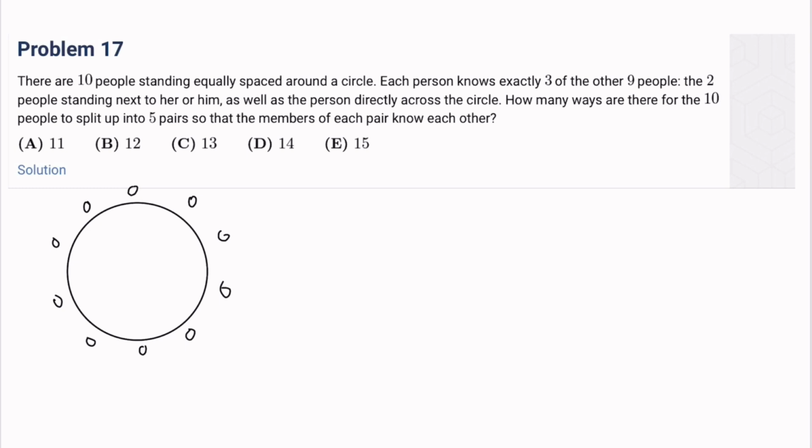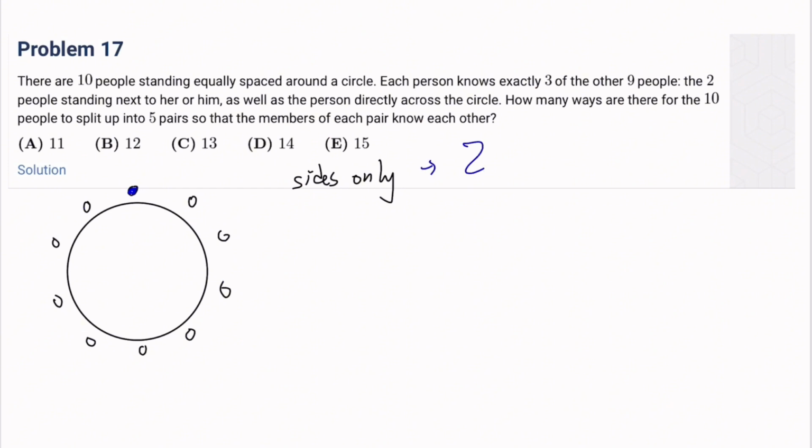So first is pairing up by the people who are at the sides only. If we choose this person to be the center, that would be either this or this, right? Those are 2 different ways to split up. So this gives us 2 ways.